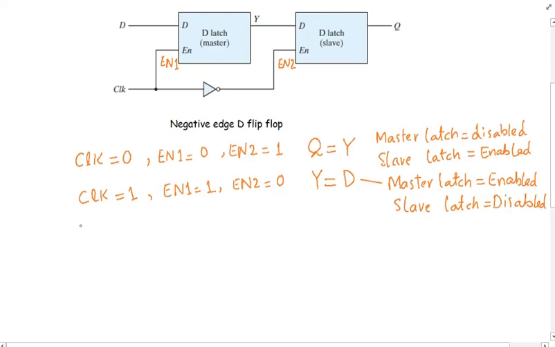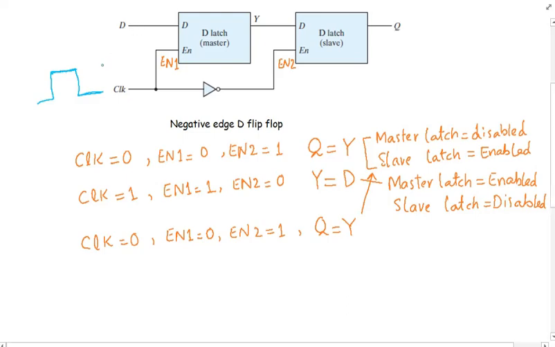For example, let's make the clock signal again 0. So what will happen? The enable 1 is equal to 0 again, enable 2 is equal to 1, and output Q now will be equal to Y. So again we can refer this property here.